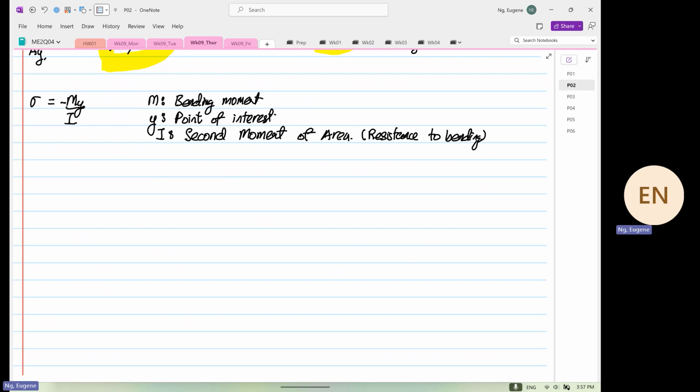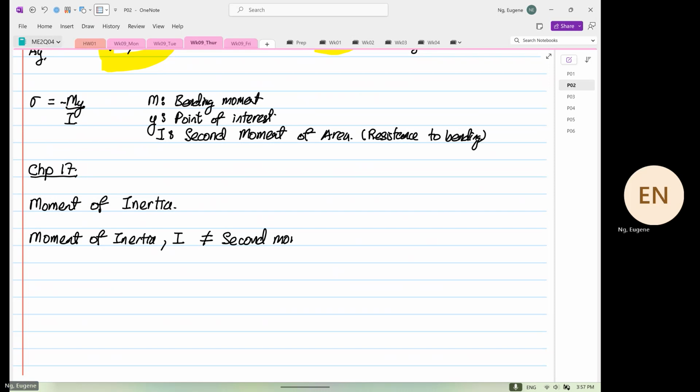Now, more importantly for us, especially in motion, we need to know, so this is now chapter 17. It is moment of inertia. Now remember, moment of inertia, which we also call I, is not the same as second moment of area.